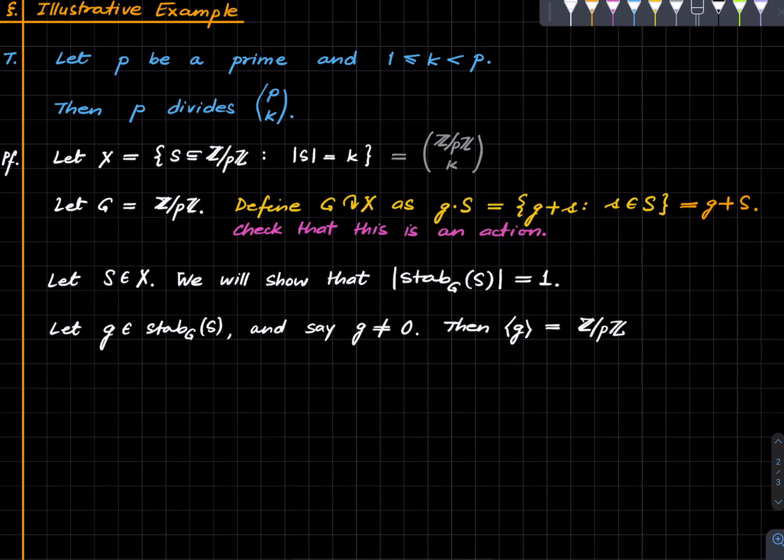Because in this group Z mod PZ, every non-identity element is a generator, right? So the generator is everything, and thus there is some natural number n such that n dot g equals 1.